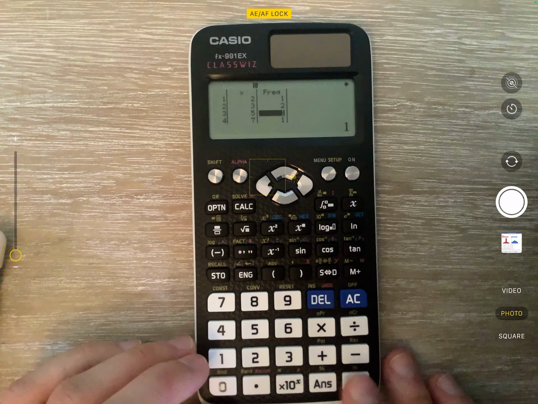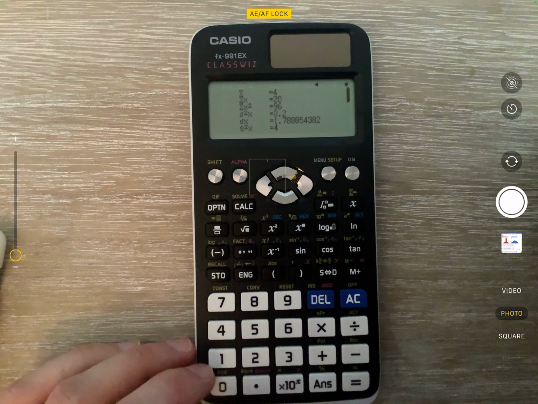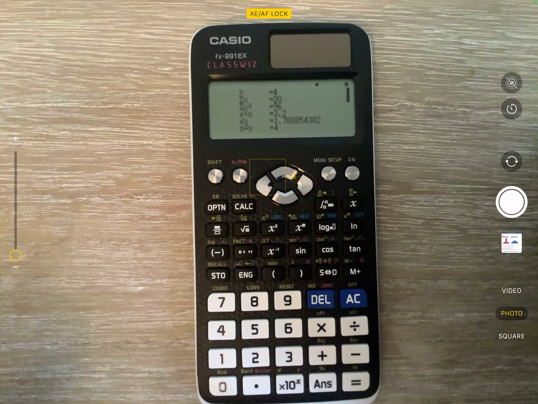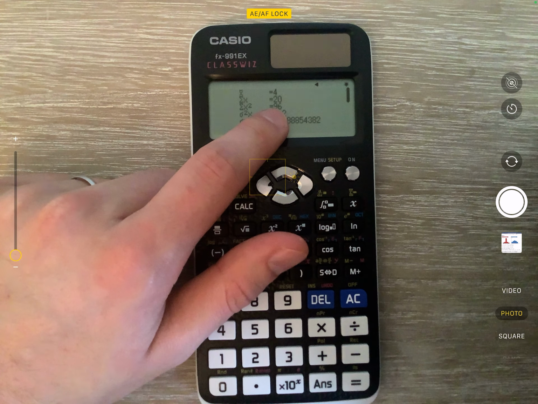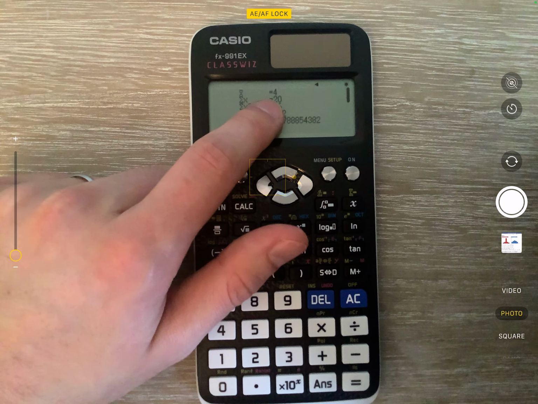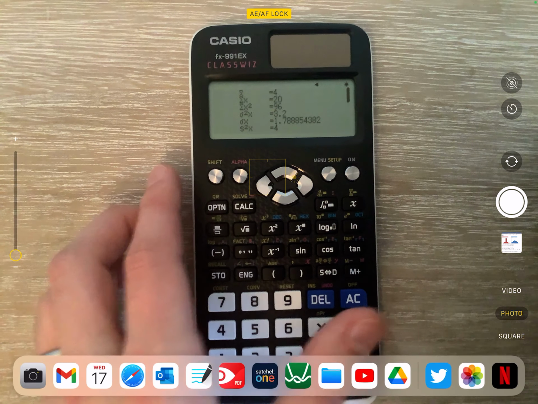So what you can then get is all of the different values that you need from the calculations. So when we do my one variable calculations, we can see that the variance is going to be 3.2. I've got the sum of x squared is 96. I've got the sum of x is 20. X bar is 4.